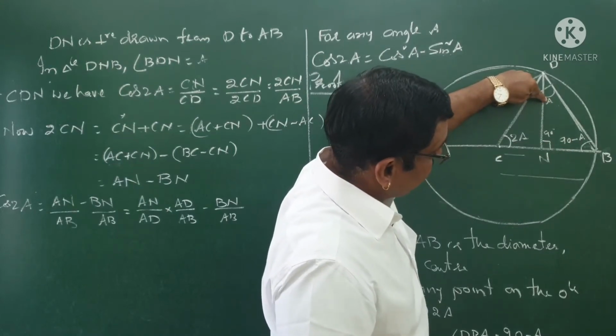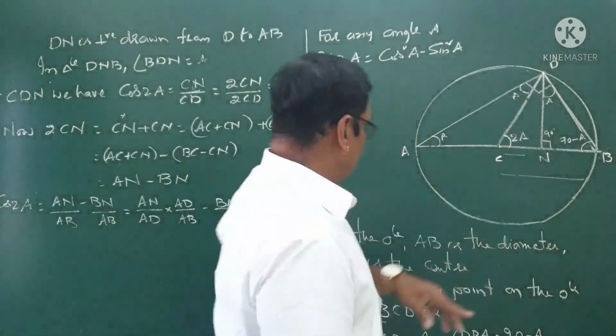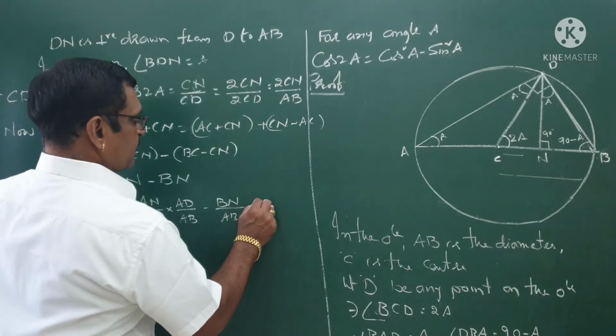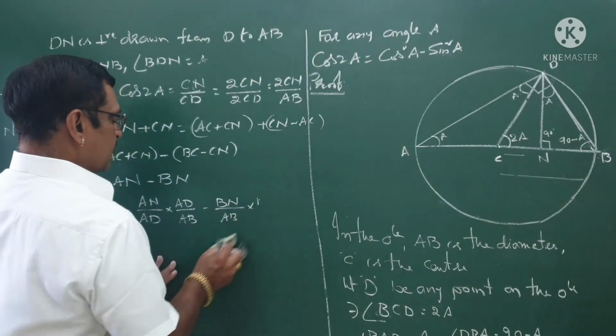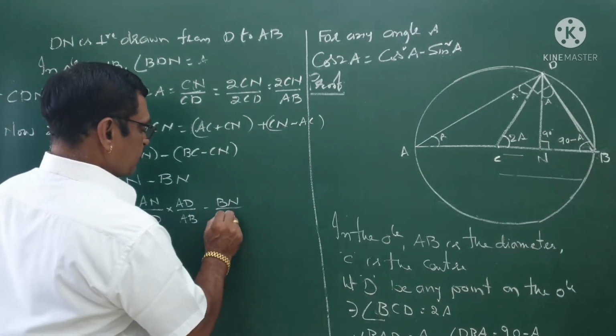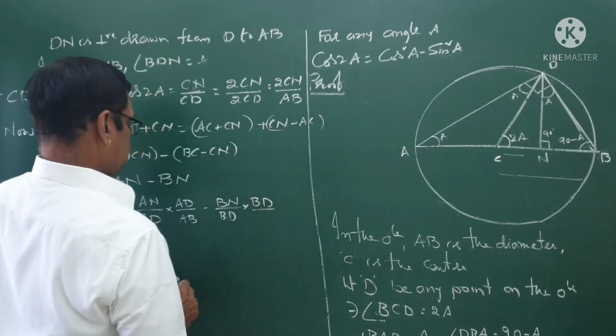If I want to convert into sine, I want to multiply with BD. So here also I multiply and write BN by BD times BD by AB.